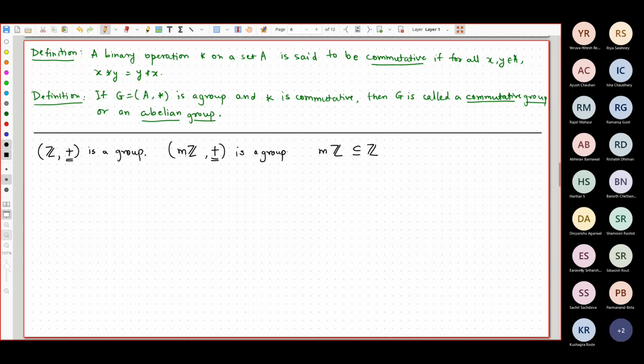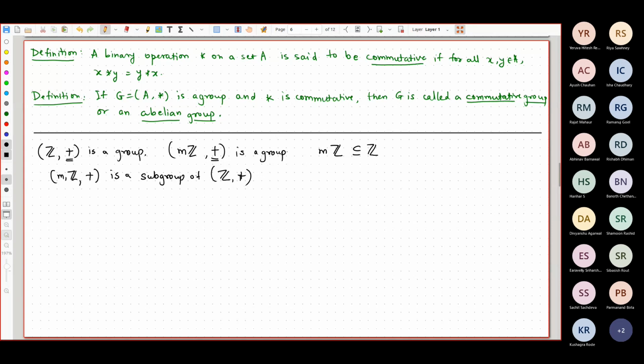So if you have this kind of pair of groups, then you will say that mZ comma plus is a subgroup of Z comma plus. I'll write down the definition formally.